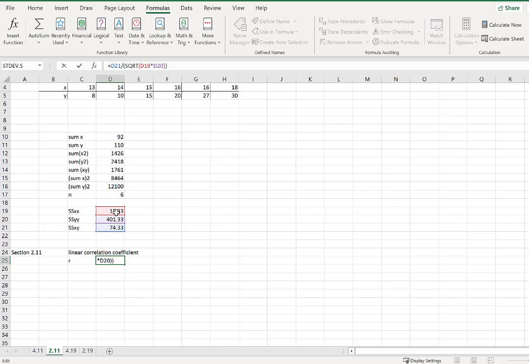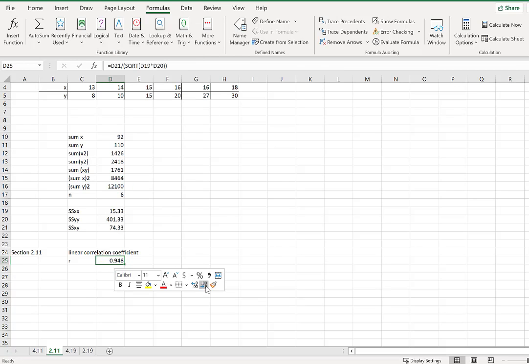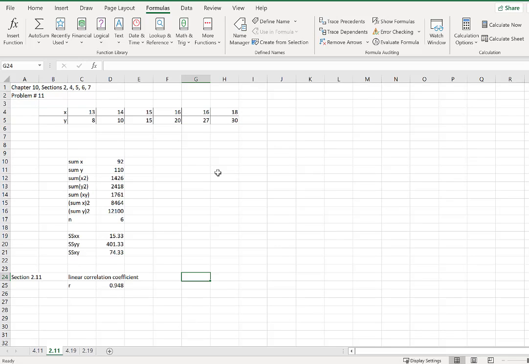Inside the middle of this formula, I've got the red times the purple. Then I take the square root of that, and D21 gets divided by that beast, which gets me the answer I have here. Let me do away with several of those extra values. So my linear correlation coefficient for this particular problem set is R equals 0.948.